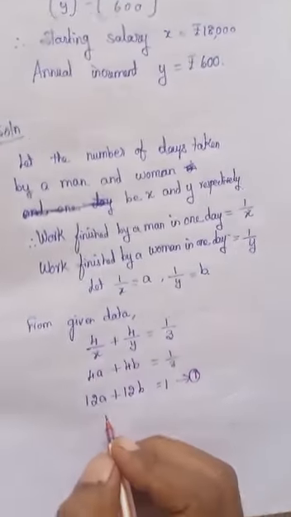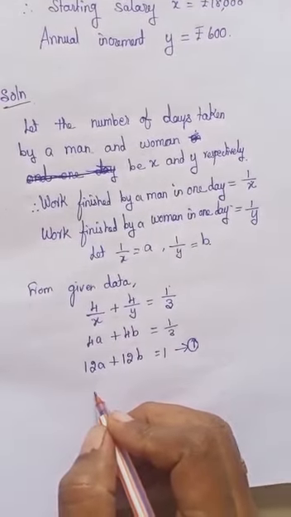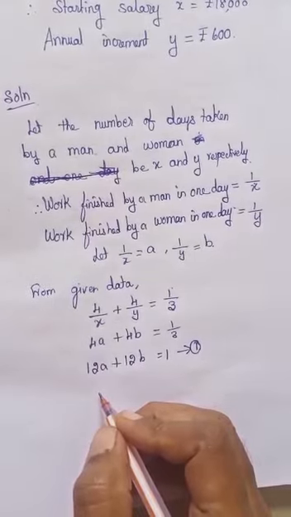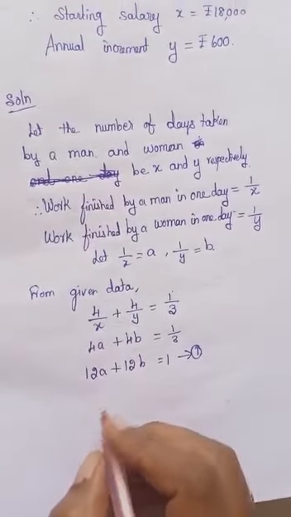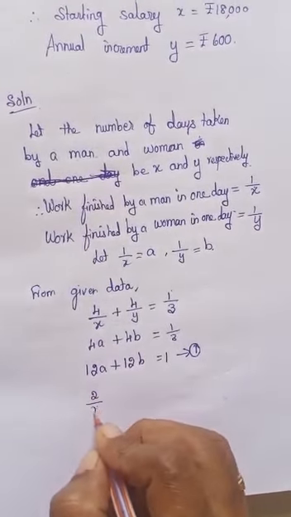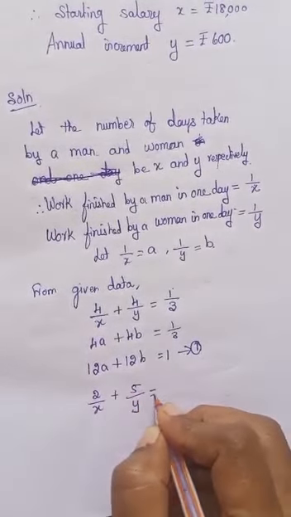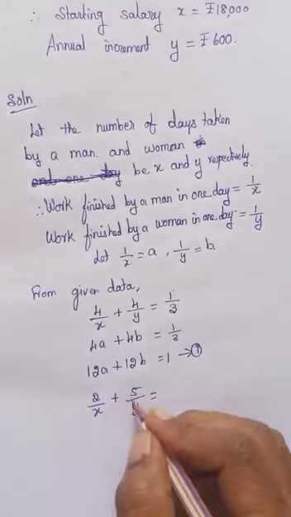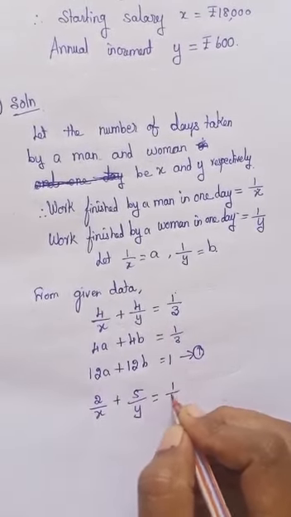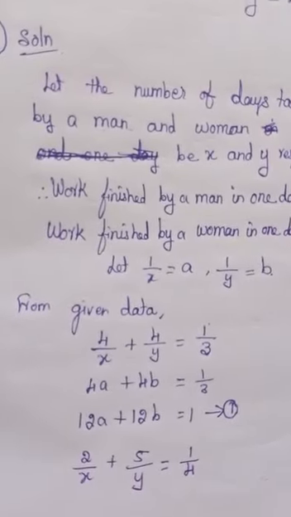And the second information given was 2 men and 5 women. 2 men 2 by x plus 5 women 5 by y. They are taking 4 days. So this is for 1 day we have taken. So 1 by 4. Shall we simplify and find it out?